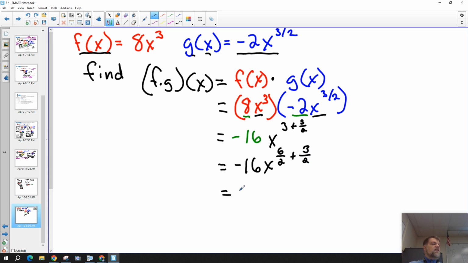So then when I add this up, I get negative 16x raised to the 9 halves, right? Because 6 plus 3 is 9. And then you keep the common denominator.